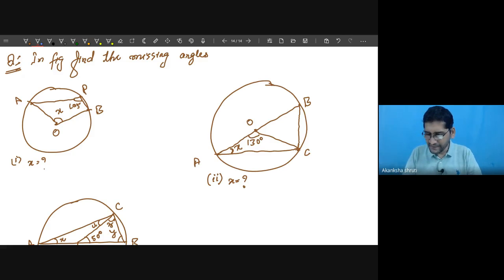Can you determine? There are various methods of determining this X. Yes student, can you determine? No?